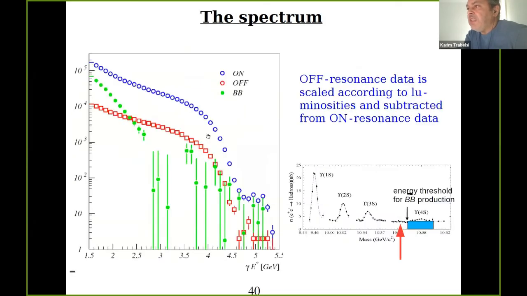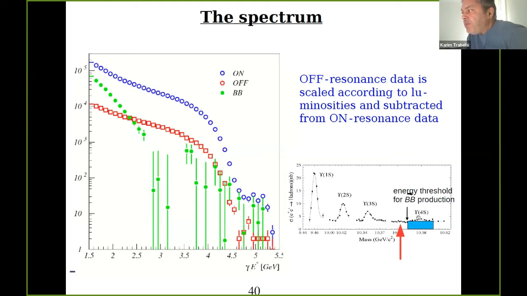And the idea, so this is another illustration of this center of mass energy of the gamma. You have the background that I was talking about, and the large component is coming from the continuum. So what you're going to do to estimate this contribution is in fact using the following trick. I was saying that we are running mostly at the Upsilon 4S.